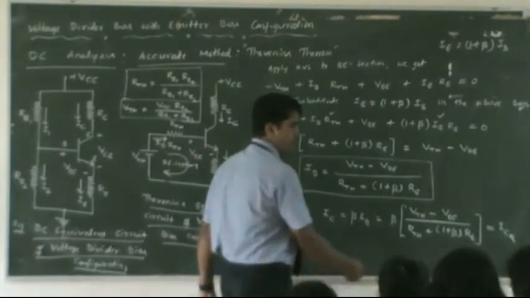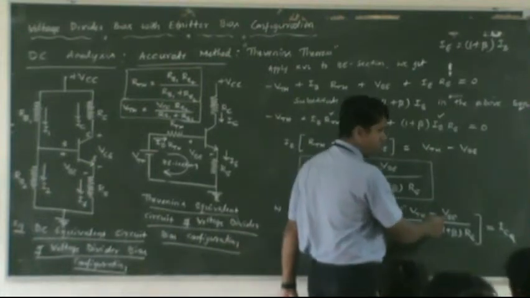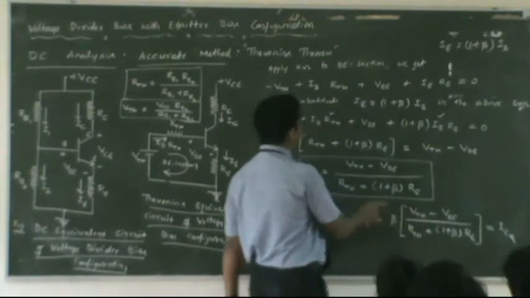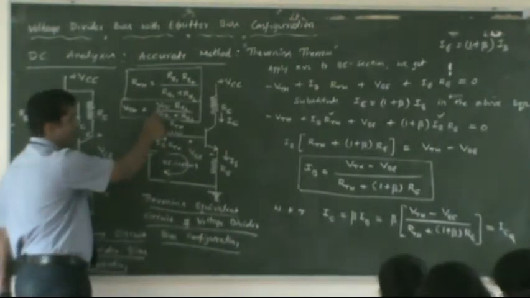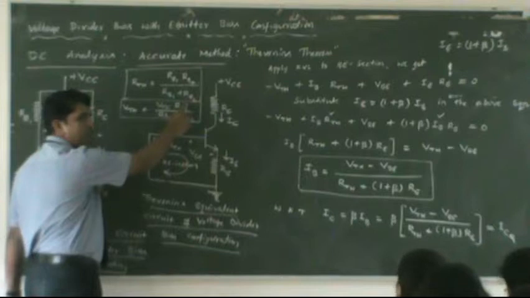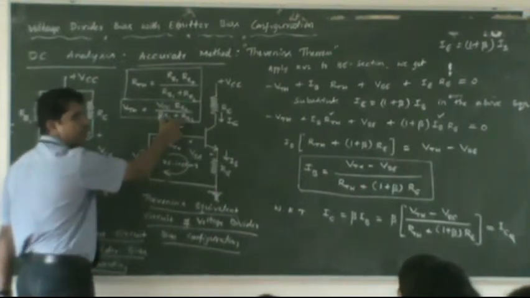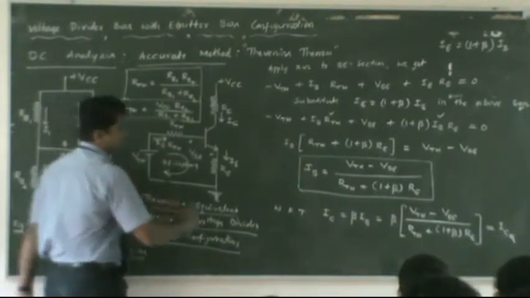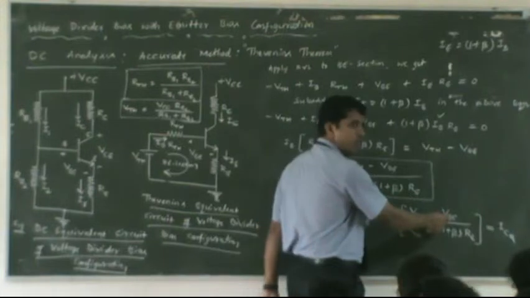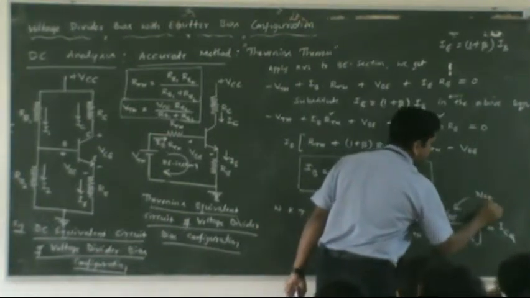Again, we can approximate this as we did in the previous two bias circuits. VBE is very small compared to the Thevenin voltage. Look at the expression for VThevenin, which is VCC, a large quantity, multiplied with this resistance ratio; it is still larger compared with the base emitter voltage. So VBE can be neglected.